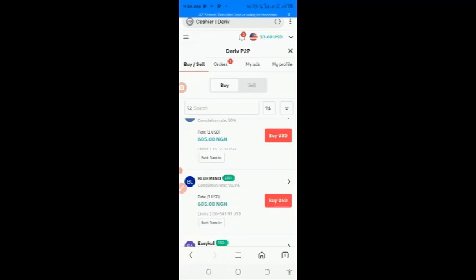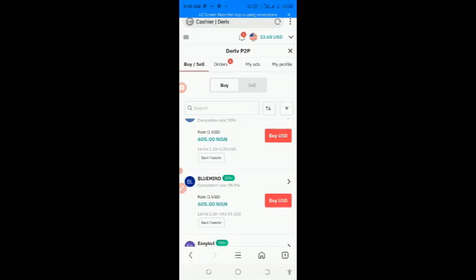If you use the P2P method, where you buy dollar from there and send it through your market, you will not be able to move your money anywhere again. But if you use any wallet to send cryptocurrency to this app, you convert it to dollar and take it for trade, you use it to trade from there, you get dollar and you move it. It will be easier for you.